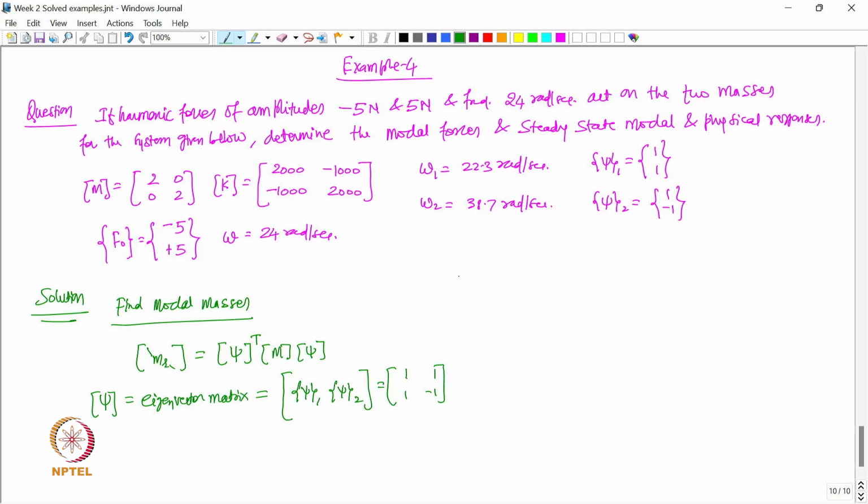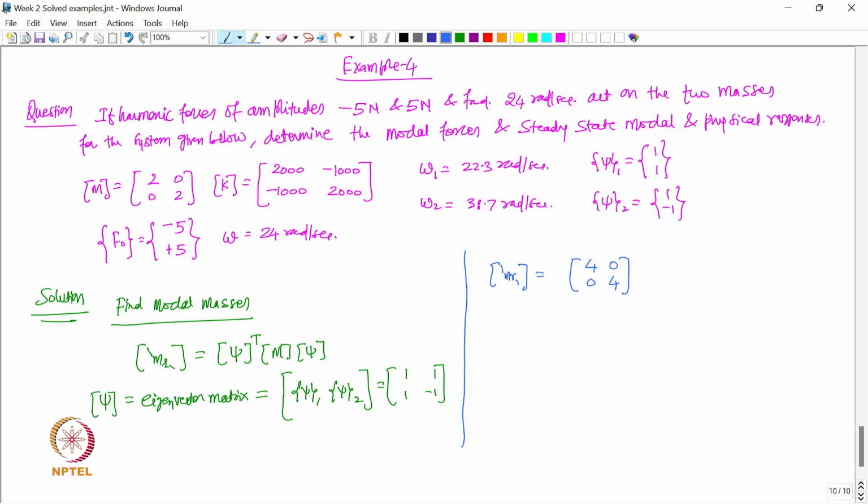So, now if you substitute psi and m here, and then multiply, you get 4 0 0 4. You need to multiply the 3 matrices, which is easy in this case, it is a 2 degree of freedom problem, right.